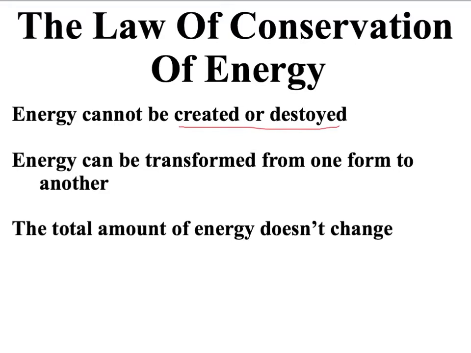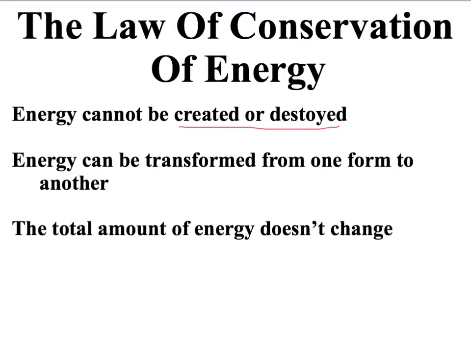This might sound familiar because we had the law of conservation of other things as well. In chemistry, you might have remembered the law of conservation of mass or the law of conservation of matter, saying that matter cannot be created or destroyed. We talked about the law of conservation of momentum, that momentum cannot be created or destroyed. And here we have the same kind of thing with energy.